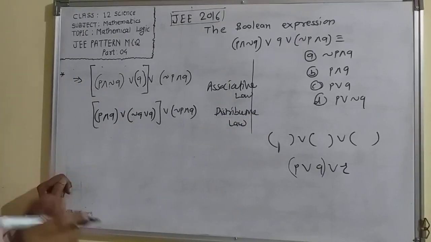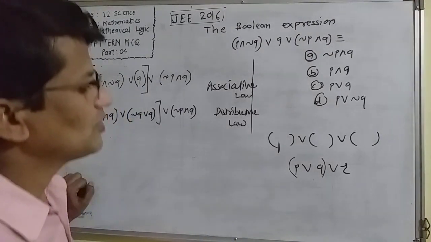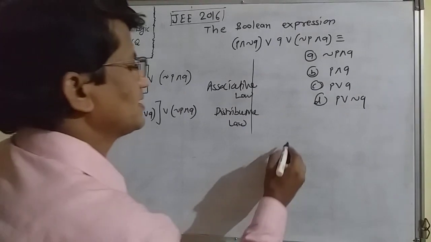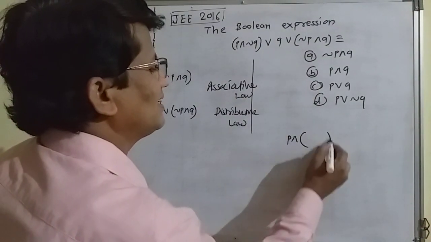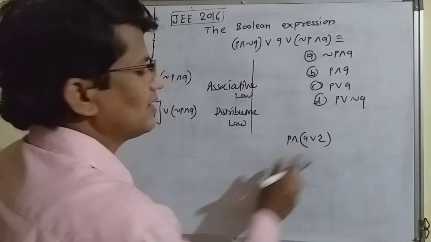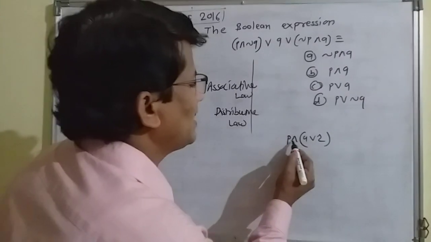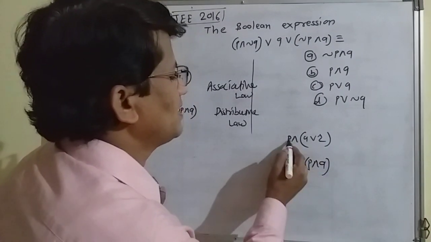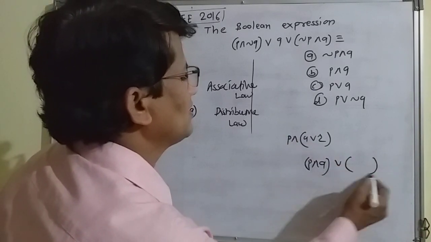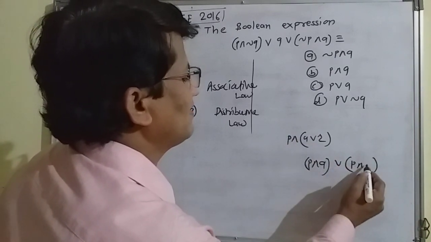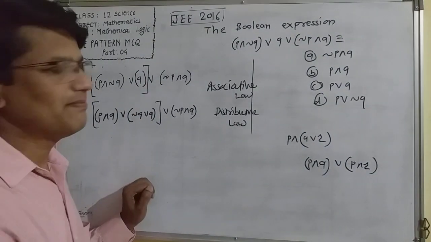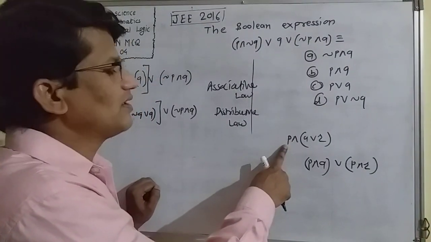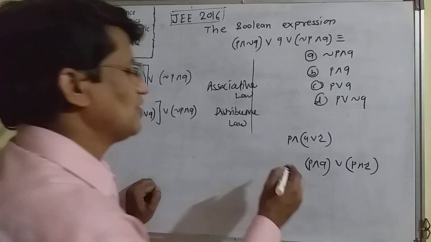Once again, use it. What is the distributive law? Here, P and with Q or R. What will the distributive law give? P and with Q, or P and with R. This is the distributive law. But P is on the left side, so this is a left distributive law. We can use the right distributive law also.